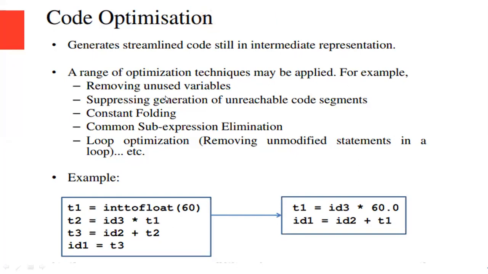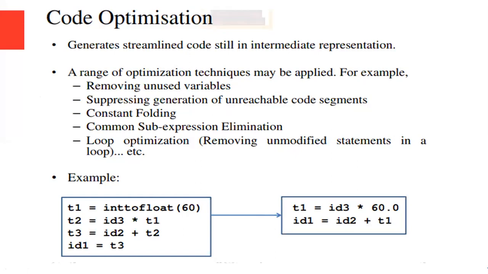For example, removing unused variables. Is there any unused variable present in our intermediate code generation? Those unused variables can be removed by the code optimization. That is the first one, removing unused variables. And the second one, suppressing generation of unreachable code segments.